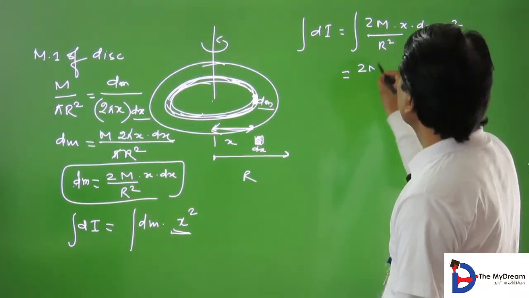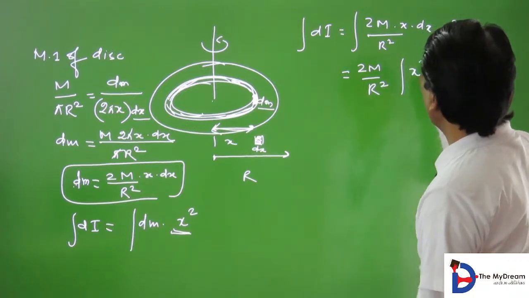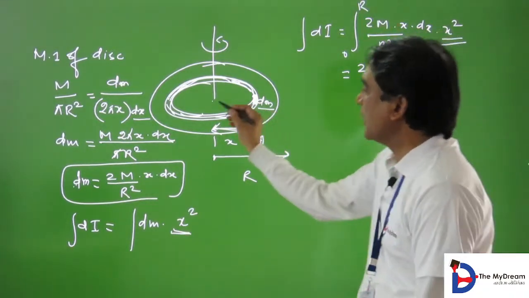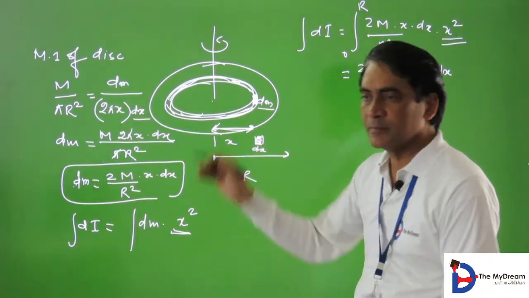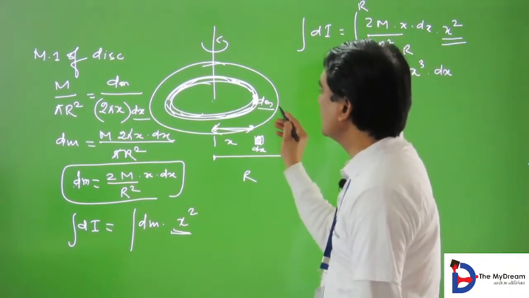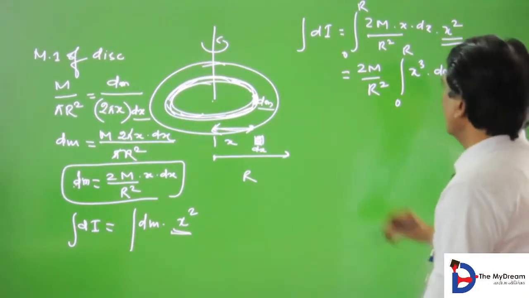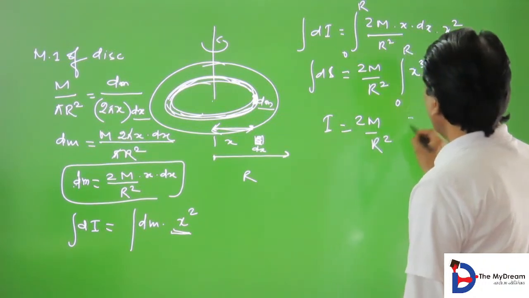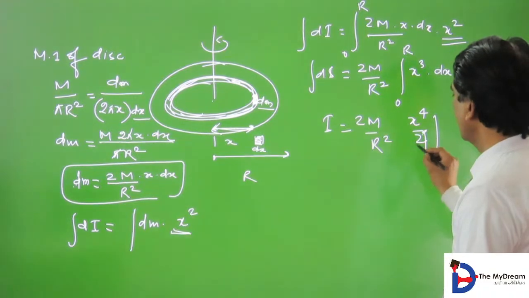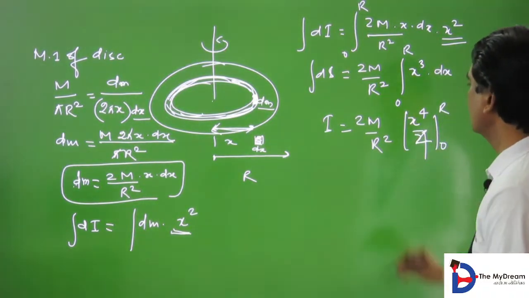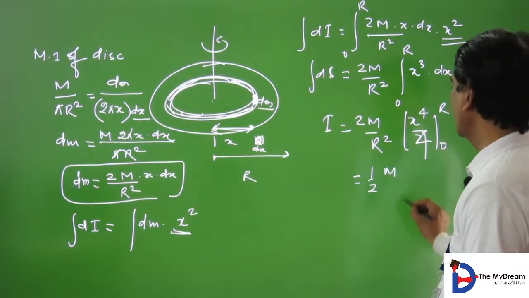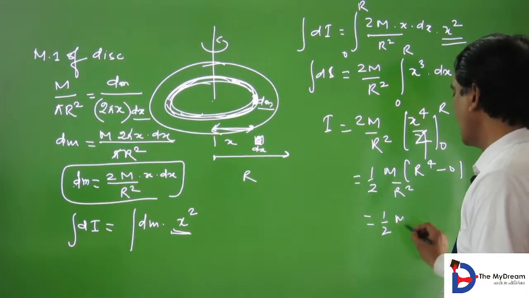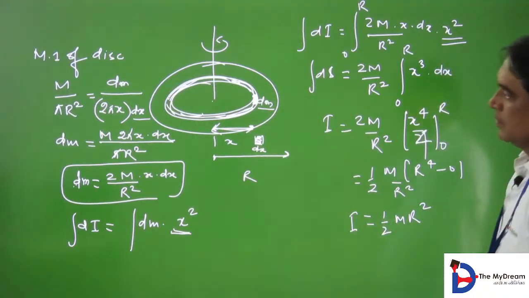So 2M by R squared, x cube dx, we will take the limit 0 to R. Why? Right now you are taking only this much, but the disk is spread completely, the whole disk, beta. Sometimes you might take 0 to 2 pi R. So delta I will become I, x raised to power 4 divided by 4, limit 0 to R. So it will become 1 by 2 R raised to power 4 minus 0 divided by R squared. Then you will get half M R squared. Okay?